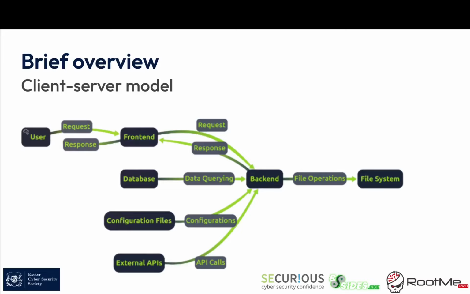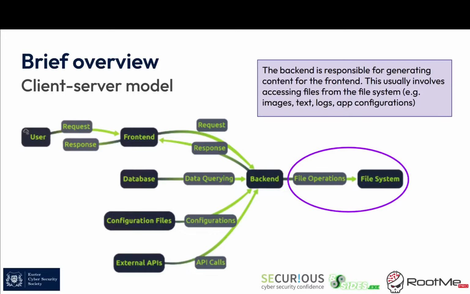And the vulnerabilities that we're going to talk about today focus specifically on this section, which is the server-side scripts accessing the file system. For example, if you want to load images, logs, text, or app configurations.